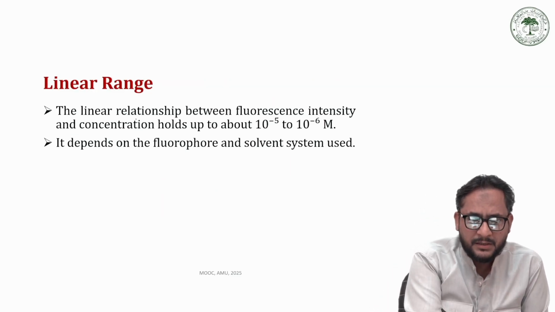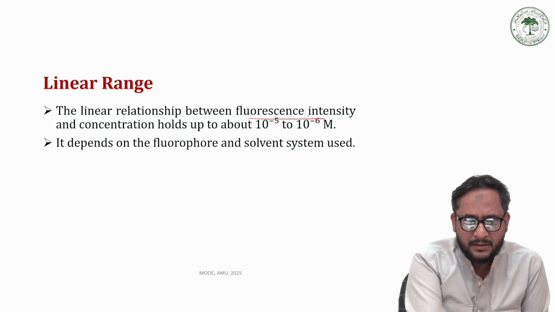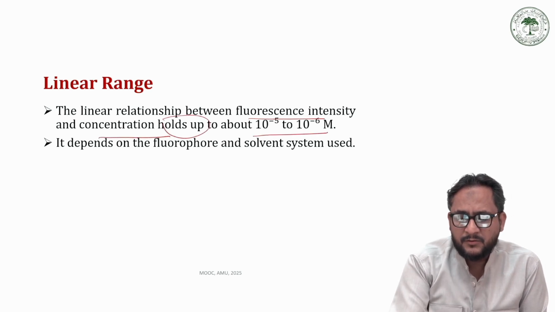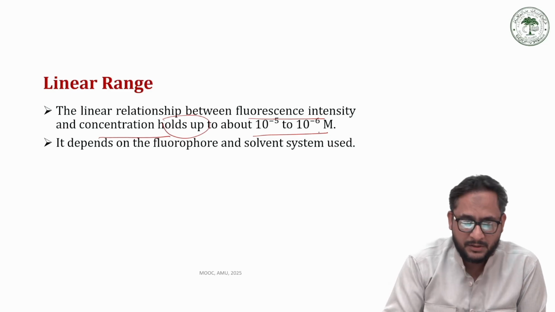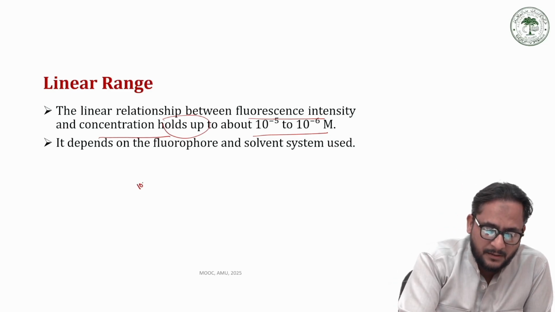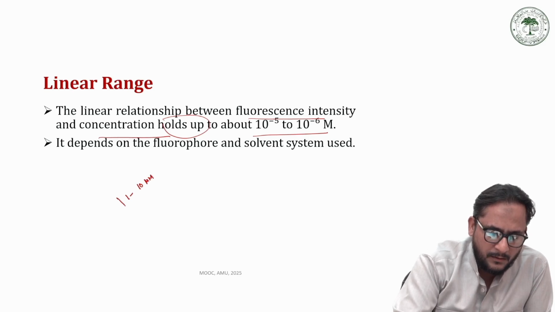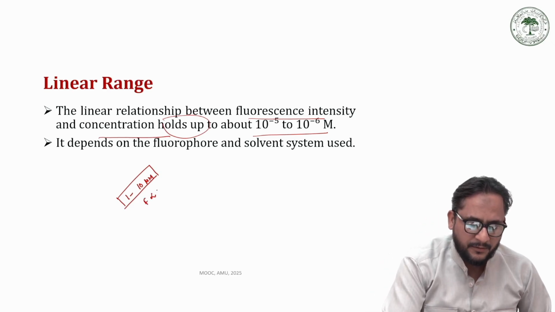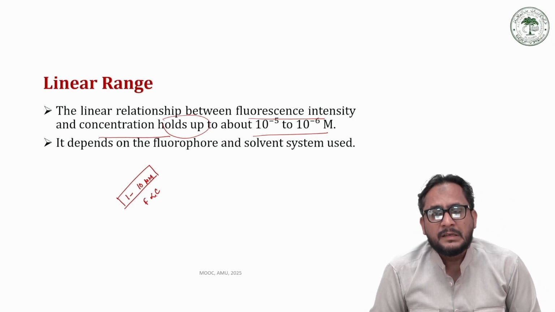So the linear relationship between fluorescence intensity and concentration holds up to about 10 raised to power minus 5 to minus 6 molar concentration, meaning from 1 to 10 micromolar. At this level, the relation between F and C is linear.